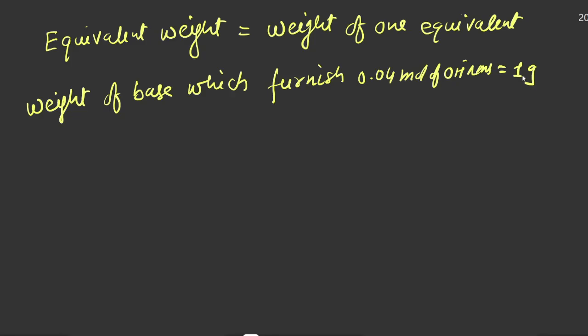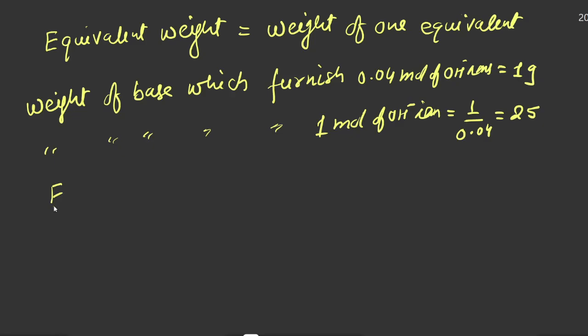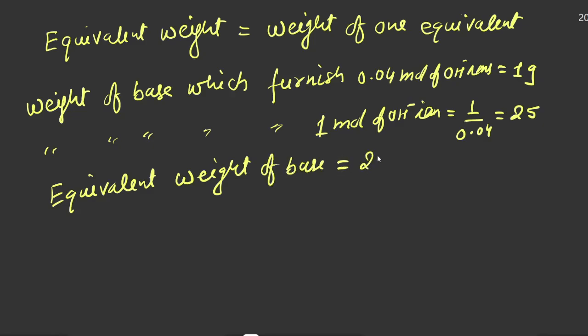So the weight of base which furnishes 1 mole of OH negative is equal to 1 by 0.04, that is 25. So this is the equivalent weight of base. It is 25 gram per equivalent.